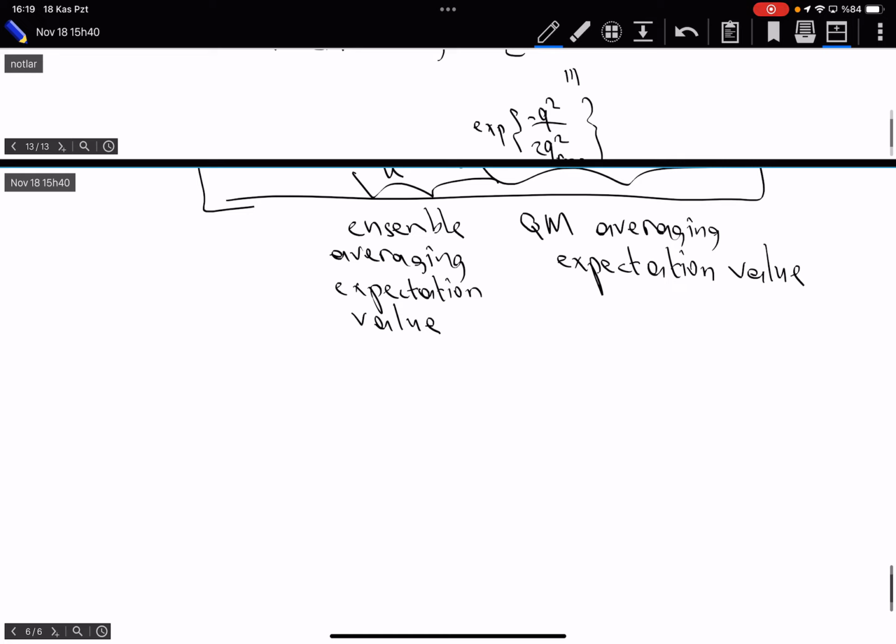Now, of course, what is rho? We had these three different ensembles, and basically we have the same things over here.